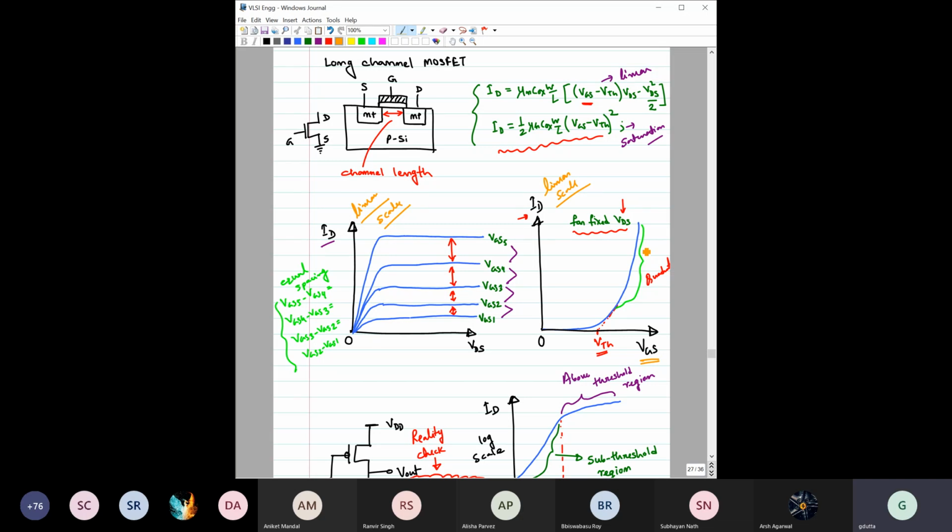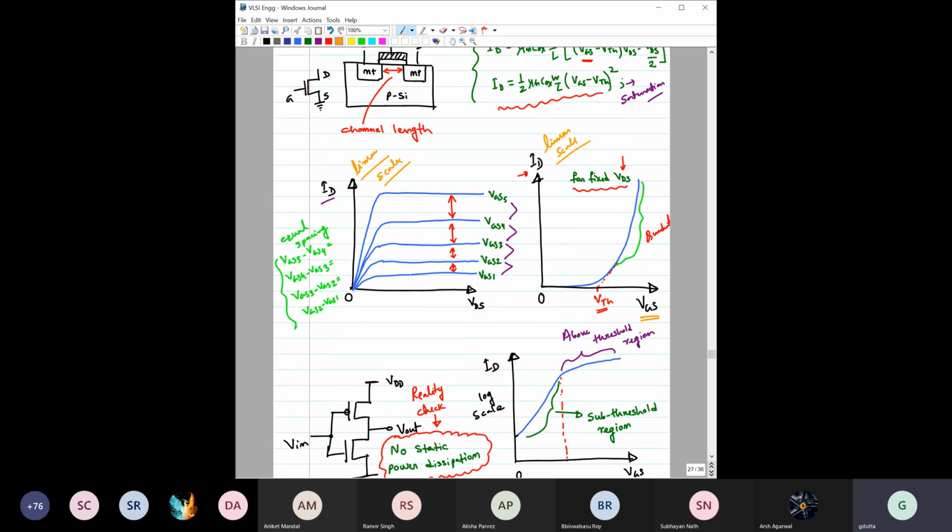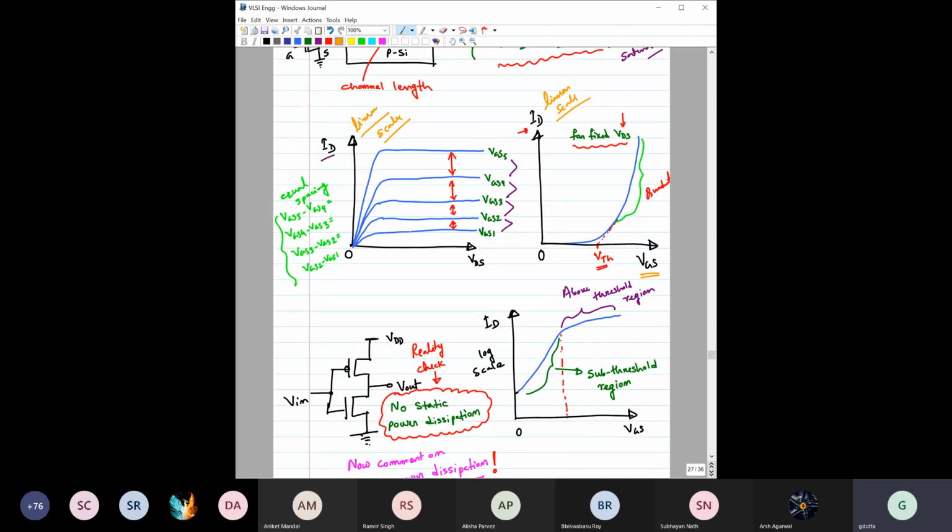So here it is in linear scale, both the y-axis as well as the x-axis. Now the question is, what will happen if you plot the same ID versus VGS in log scale? Here, only ID is in the log scale, VGS is linear.